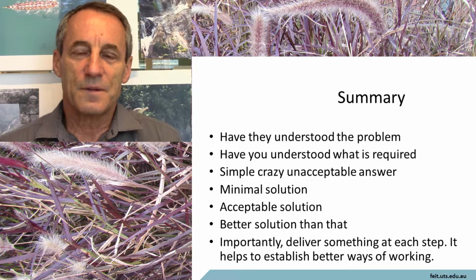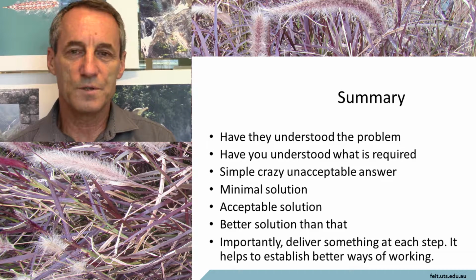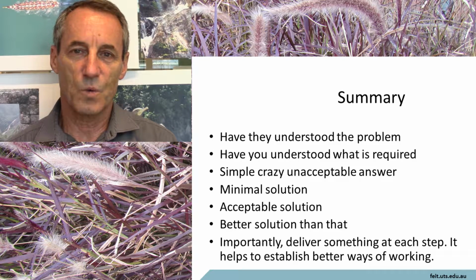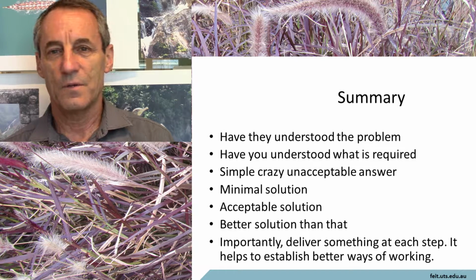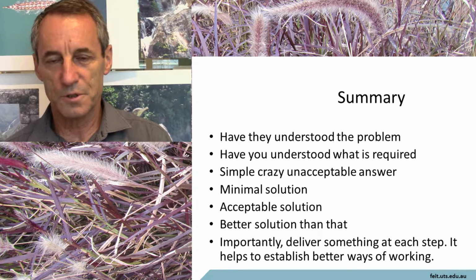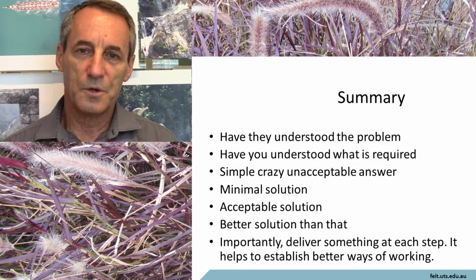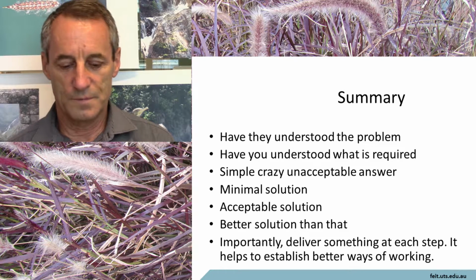So in summary then, for this Agile approach, you need to do things to check your understanding of the problem and your understanding of an acceptable solution, how you're going to do that. You start with a simple, crazy answer that won't work.